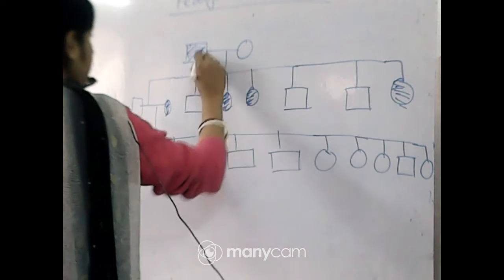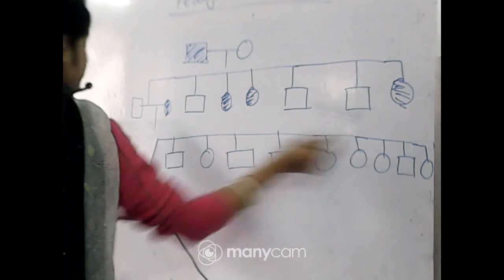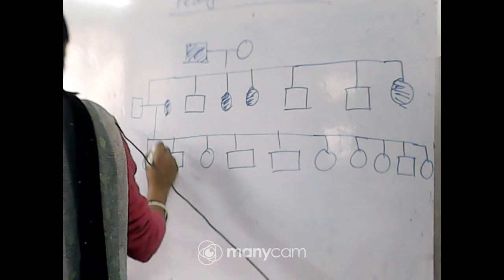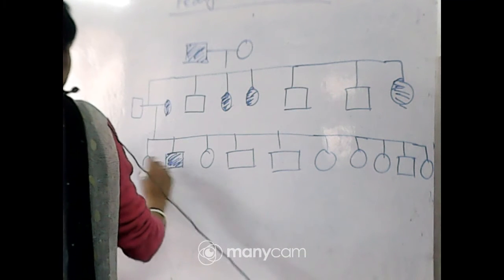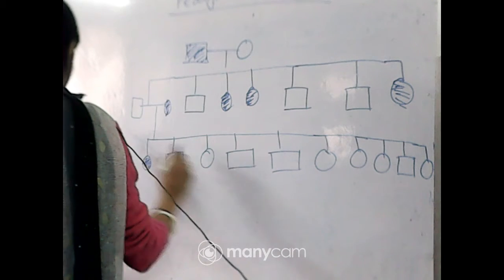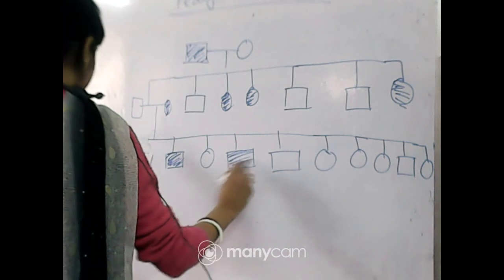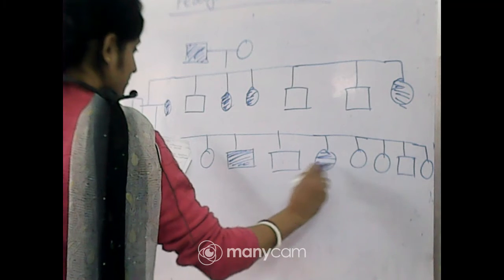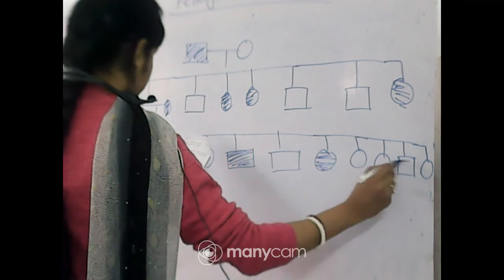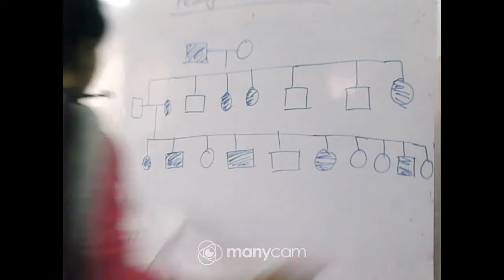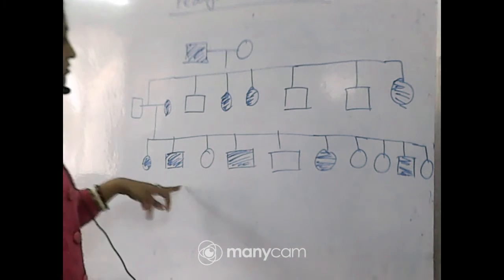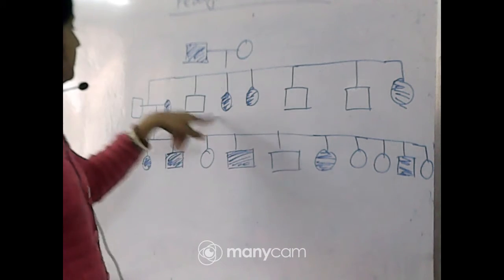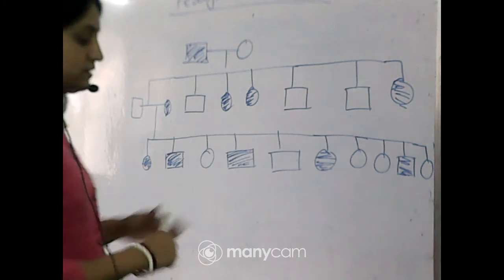Father is affected, you can see that, so that's why daughter is affected mostly. If mother is affected, son is affected obviously, and mother also be affected. So mostly the females are affected, you can see here. And here if mother is affected, all sons are affected. If father is affected, all daughters are affected. That is X-linked dominant.